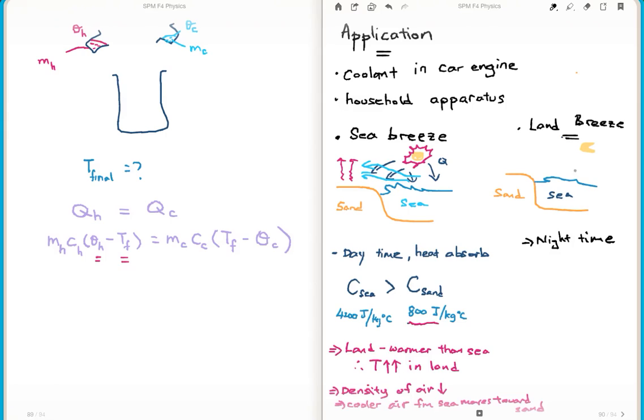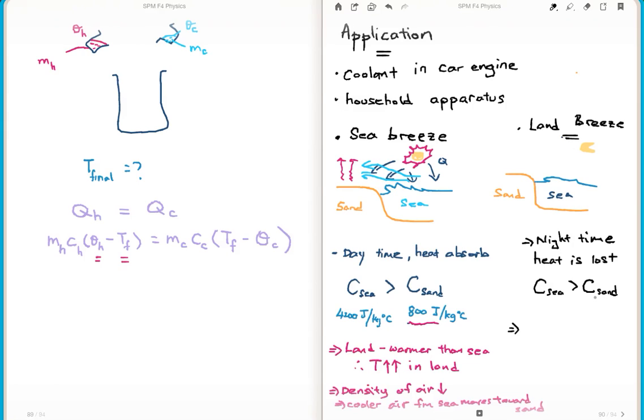So is any heat given? No, isn't it? So therefore, the heat is lost. Again, the C for the sea is always more than the C for sand. It's always the same. It is a constant. That's why you call it constant. It won't change in either case. So heat is lost.